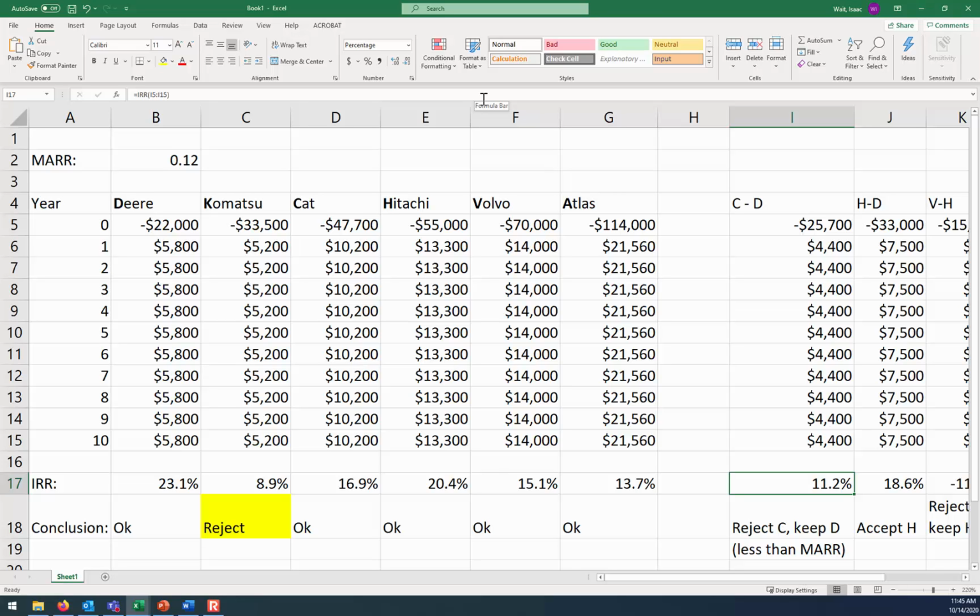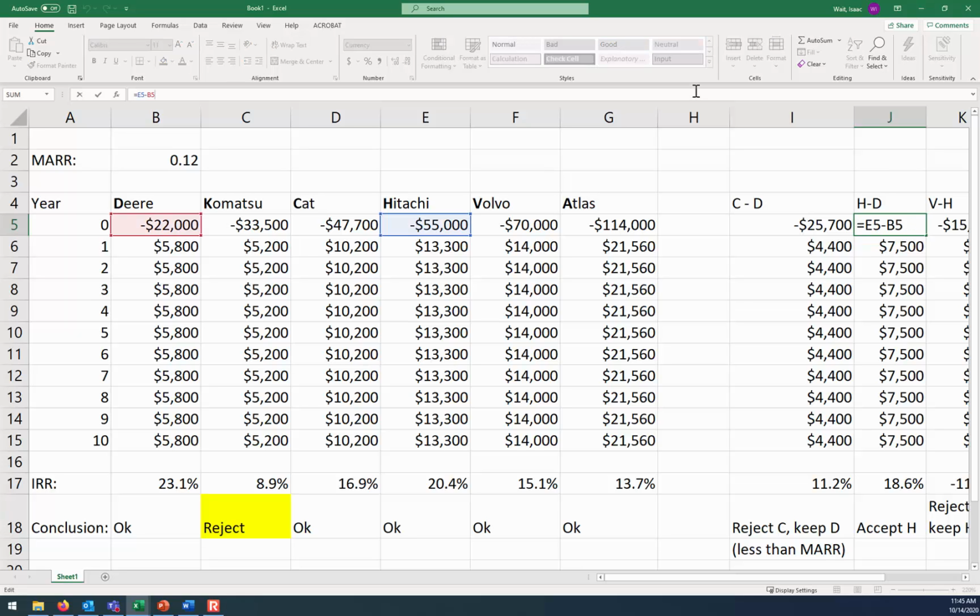And so the next matchup, if we look at our list, we're working towards the right. The next option is Hitachi. It's the next most expensive alternative compared to what Cat was. So now the next comparison, Hitachi versus Deere. And here you can see the column Hitachi minus Deere, and the rate of return that we get there, 18.6%, tells us that it is worth spending the extra $33,000.